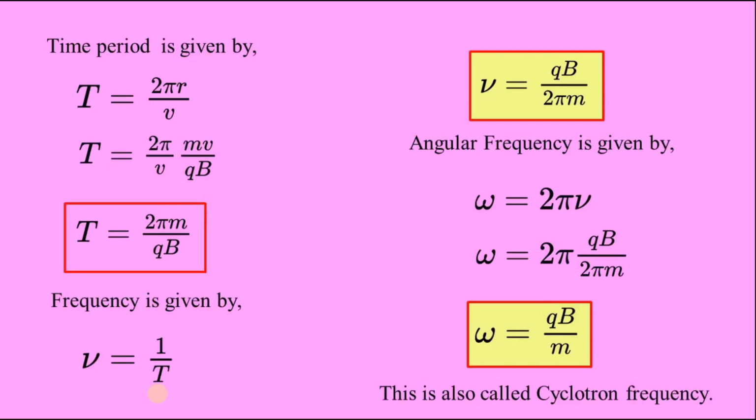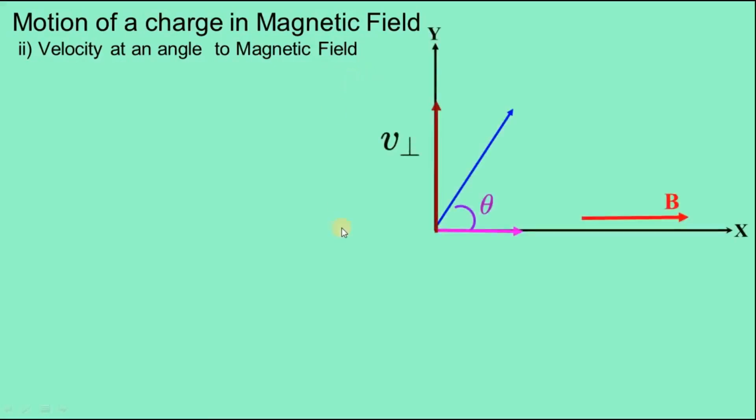Motion of a charge in a magnetic field, second case: when the velocity of the charge makes an angle with the magnetic field. Here we have the magnetic field along the x-axis and the particle entering the magnetic field with velocity v making an angle theta with respect to the direction of the magnetic field.